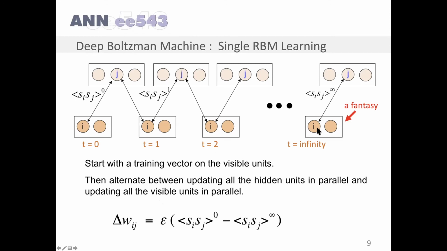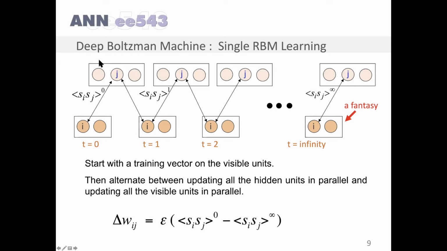For training a single restricted Boltzmann machine, we start with a training vector on the visible units as step 0. Then, by using the output values of the neurons in this layer, we find the activities of each neuron in the hidden layer. Then the outputs are set probabilistically considering the activations of the neurons.